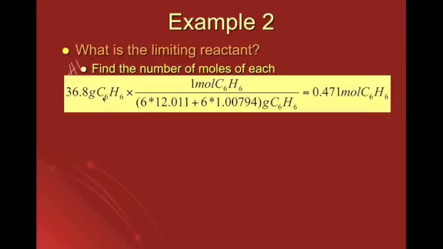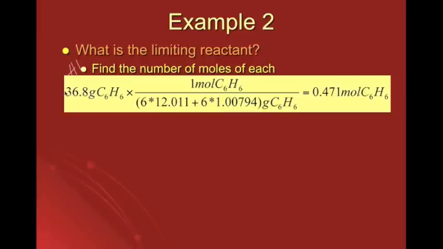So what we do is we have 36.8 grams of C6H6 and we multiply it by its molar mass ratio, and we know that 1 mole of C6H6 equals the mass of C6H6. So we have 6 carbons, which weigh 12 apiece, and we have 6 hydrogens, which weigh 1 apiece.